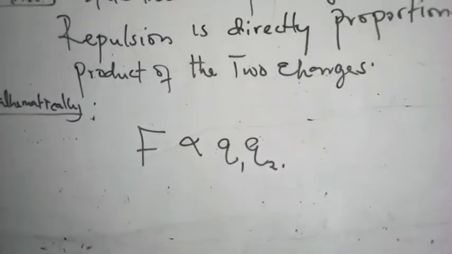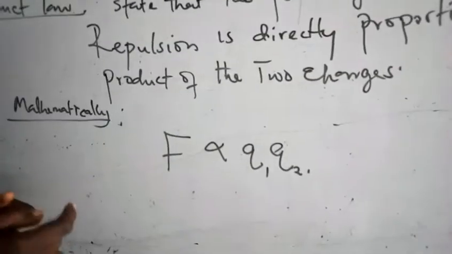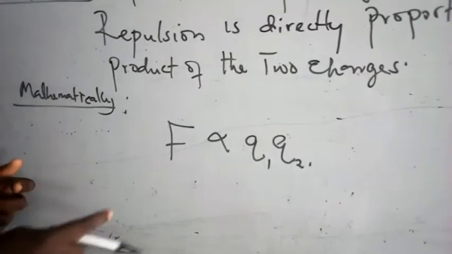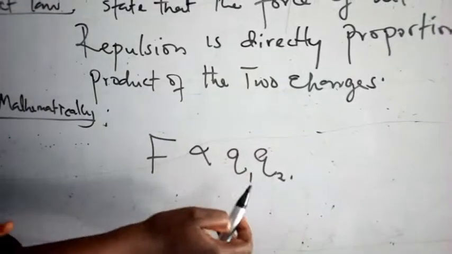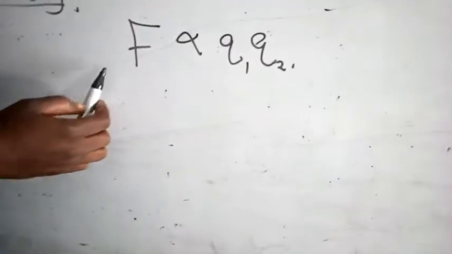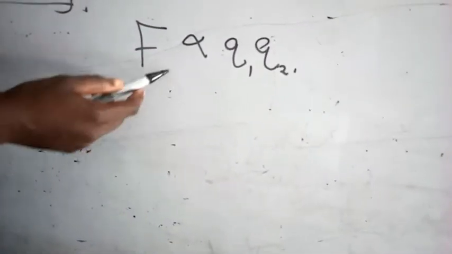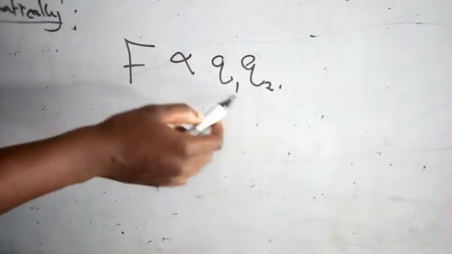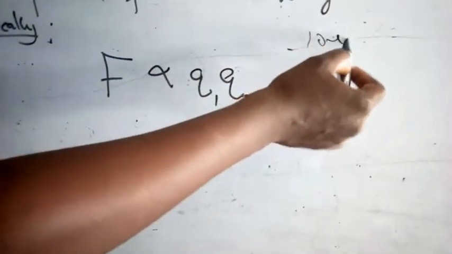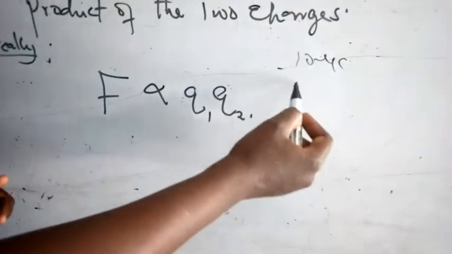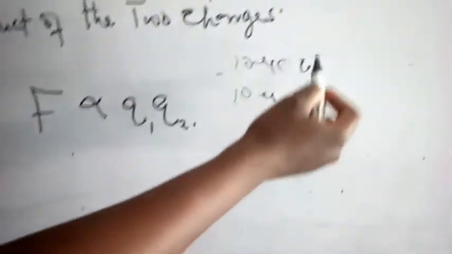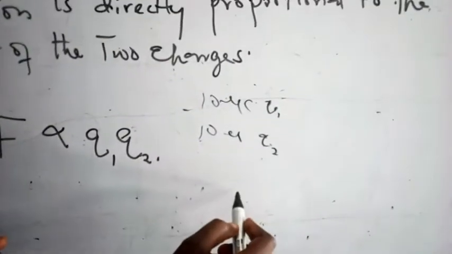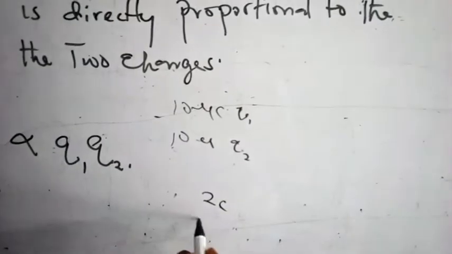Now, in variation, which I used to explain to further math students, whenever you see something like this, it means that the higher the charges, the higher the force of attraction and repulsion. If the charges are 10 microcoulombs for Q1 and 10 microcoulombs for Q2, you can't compare the force between these two and the force between 2 coulombs and 3 coulombs.